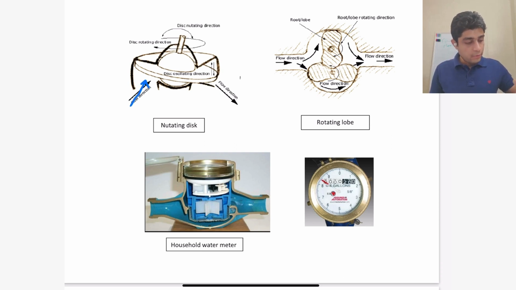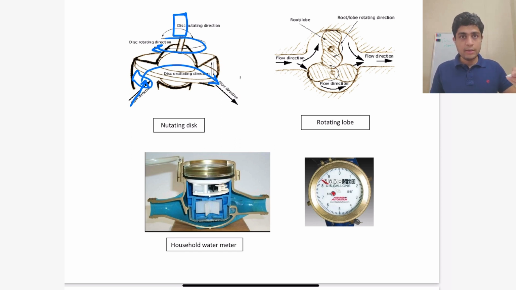So fluid comes in, and the geometry of this nutating disc is such that it traps a certain amount of fluid, and as this fluid flows from one side to the other side, it undergoes one complete rotation. So again, here you can just attach a gearbox at the top and you can count the number of rotations.